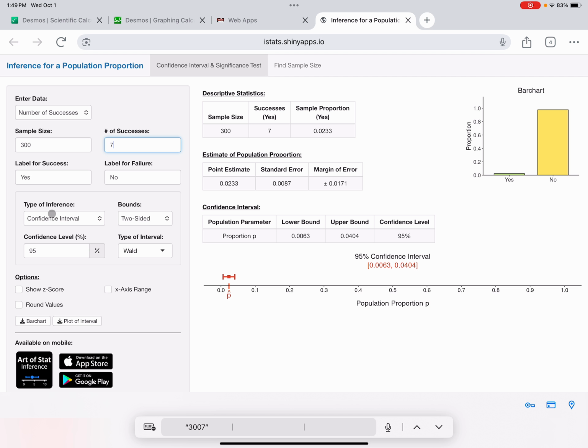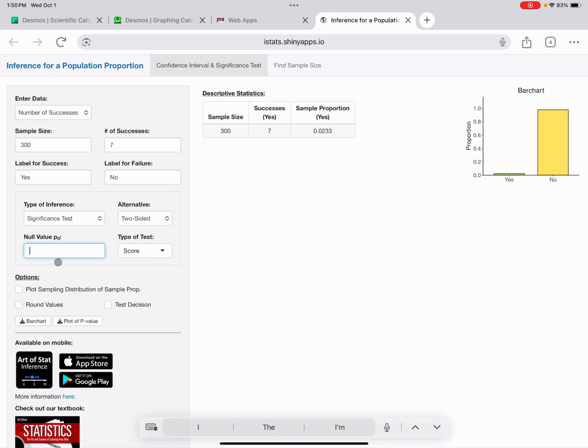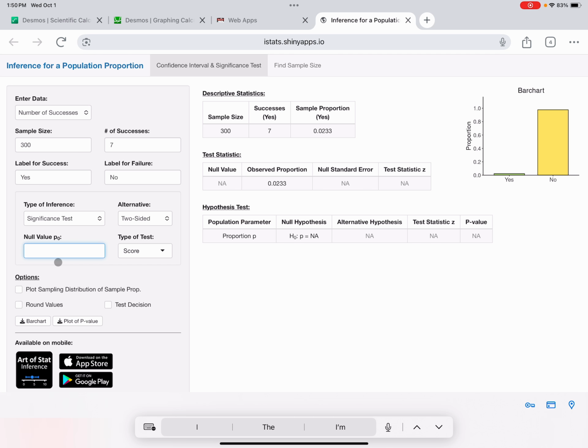Now, I don't want to construct a confidence interval. We'll talk about doing that a little bit later in this unit. I just want to do a hypothesis test. They call that a significance test in the app. So we'll go to significance test.